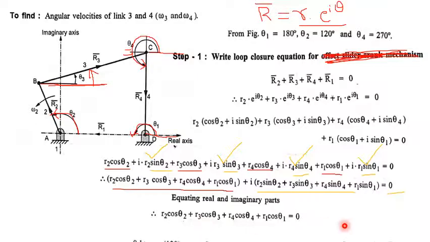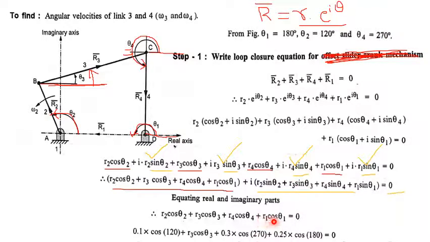Then the given values. The R2 value is given in the problem, 0.1. Then theta 2 is 120 degrees. Substitute here. R3 is not given, so that is unknown. Theta 3 is also unknown. Then R4 is given as 0.3 meter. Then theta 4 is 270 degrees.